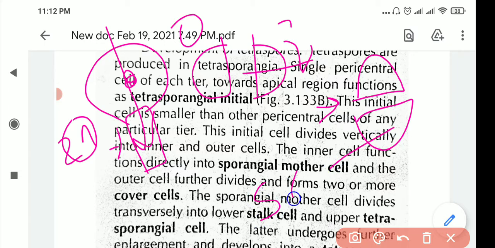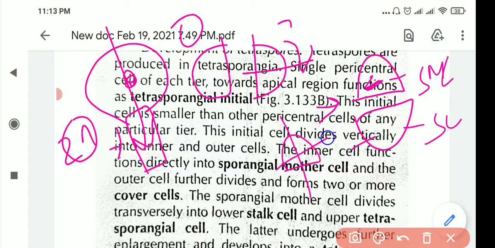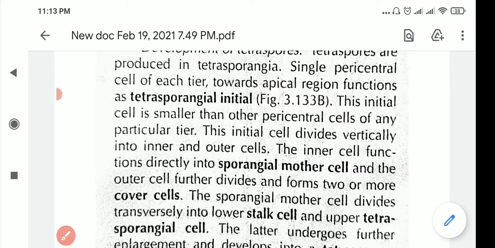This is your stalk cell and this one is your sporangial mother cell. Now this sporangial mother cell will undergo meiosis into haploid tetraspores. This is N. So it's not that tough, it's easy.